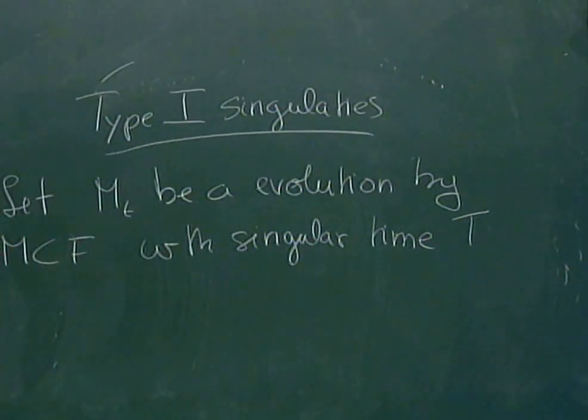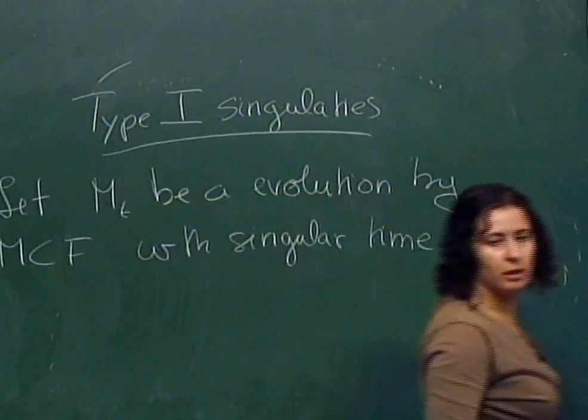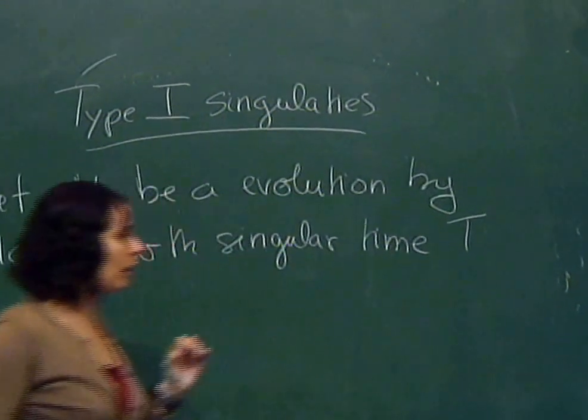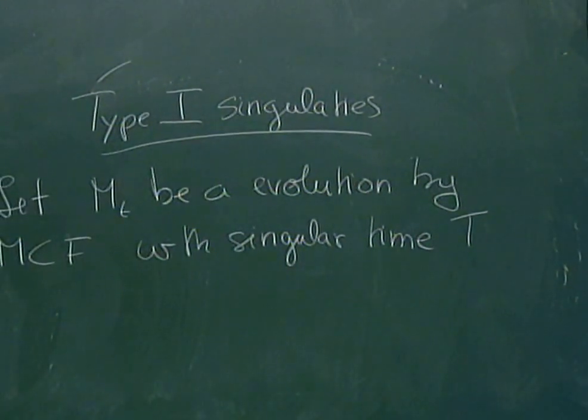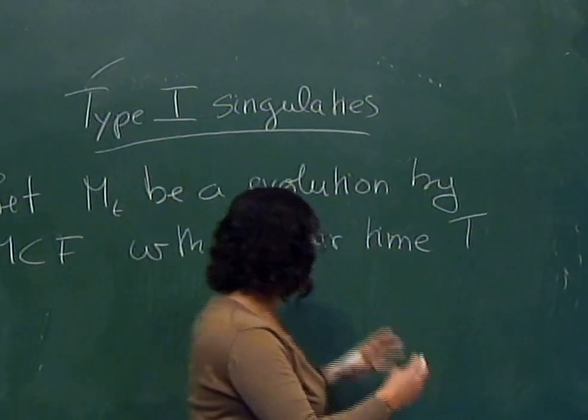And I want to know what I can say at this singular time about how the singularity looks. A standard procedure to see how the singularity looks is to try to rescale the curve.